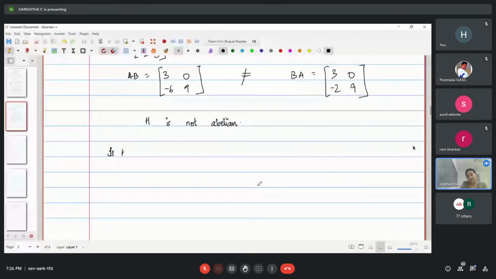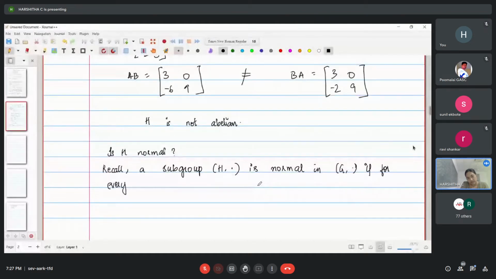Do you remember what is normal? So let me just recall. First of all, it has to be a subgroup. A subgroup H is normal in G if for every g in G, gH equal to Hg.